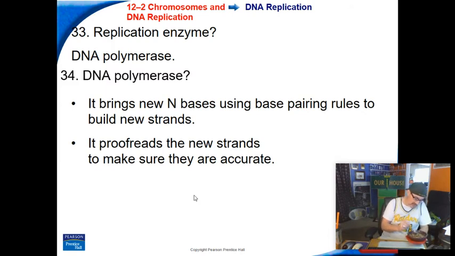The helicase enzyme is the enzyme that breaks the weak hydrogen bonds, opening up the two original strands. And as I mentioned before, not only does it bring in new nitrogen bases, but it proofreads.